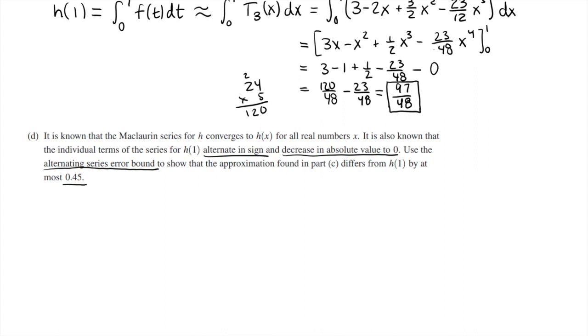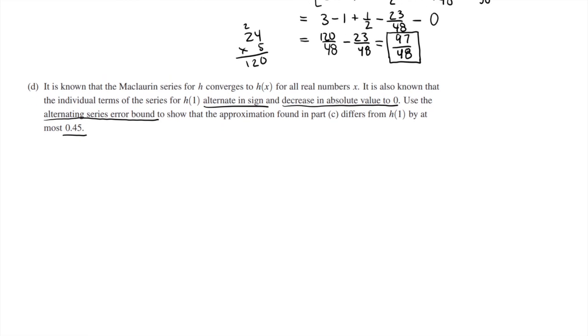So the alternating series error bound, what does that say? It tells us something about the difference between the actual value for h of 1 and our approximation, this 97 over 48. That difference is what we call our remainder or our error. And the alternating series error bound tells us how big that error could be.